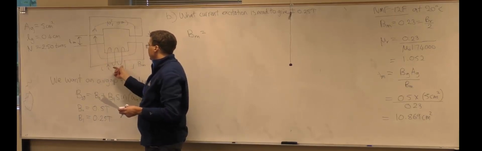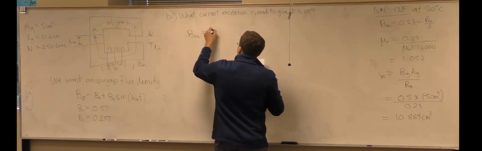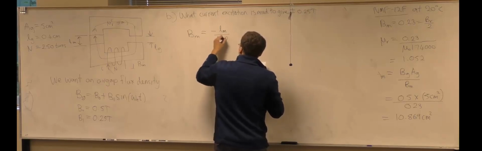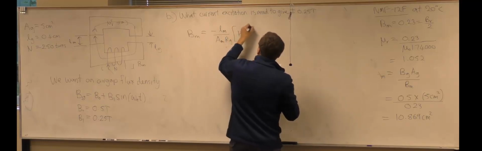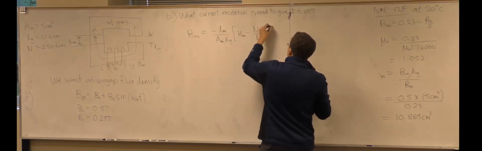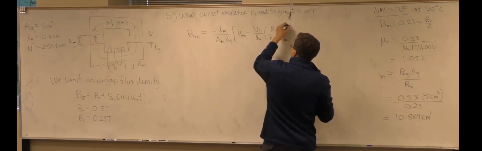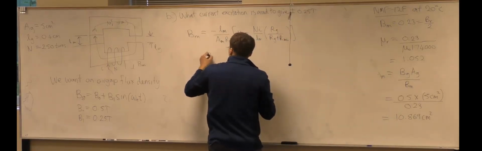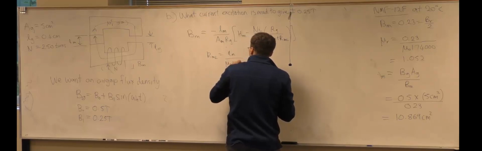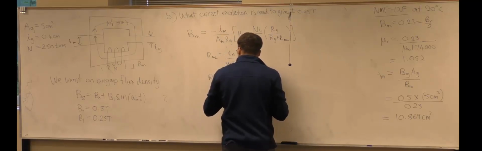So we've got the current source and the magnet source, and we found that the magnet material flux density would be equal to Lm divided by Am Rg times Hm minus Ni Lm times Rg divided by Rg plus Rml, where the Rml, remember, is the length of the magnet divided by mu naught mu r Am, and the Rg is equal to Lg over mu naught Ag.